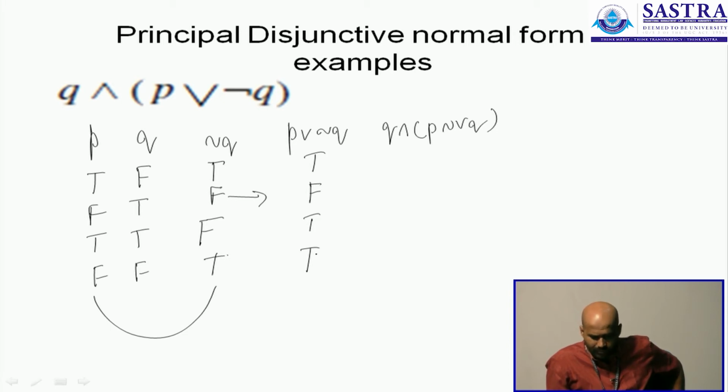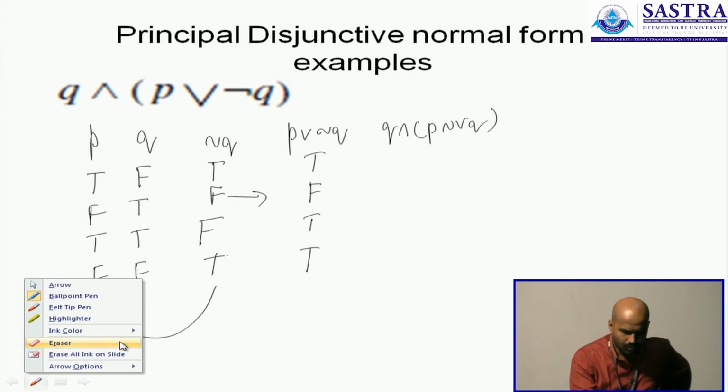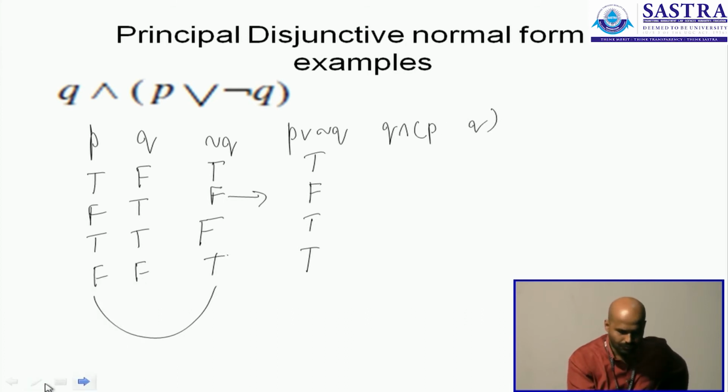Now what is required? You are to do a conjunction between columns 2 and 4. The conjunction is simple. You return a true value only when they are true all the time.